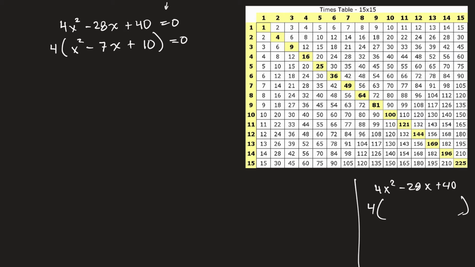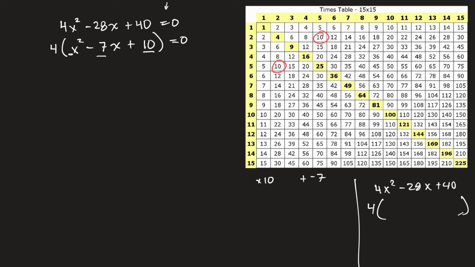Okay, so now, since there's no number out front of the x squared, and you sort of forget about the 4 outside for now, all I'm doing is looking at the 10 and the 7. So two numbers that multiply to 10, and the same two numbers have to add to a negative 7. So I look for 10 up on my chart.